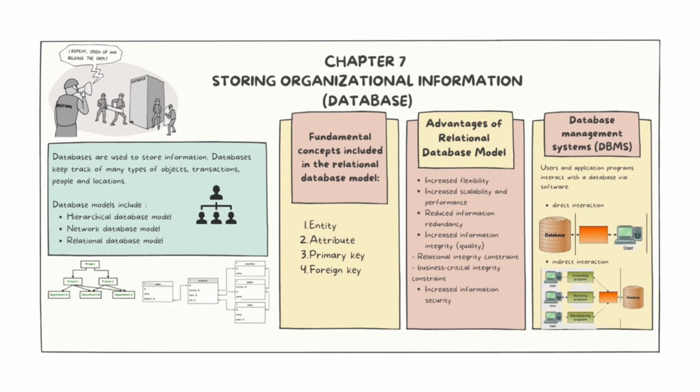Last but not least, increased information security, referring to the access from authorized users. Not all can access because of password, access level, and access control. For example, lower level only can read, but upper level can update or delete.